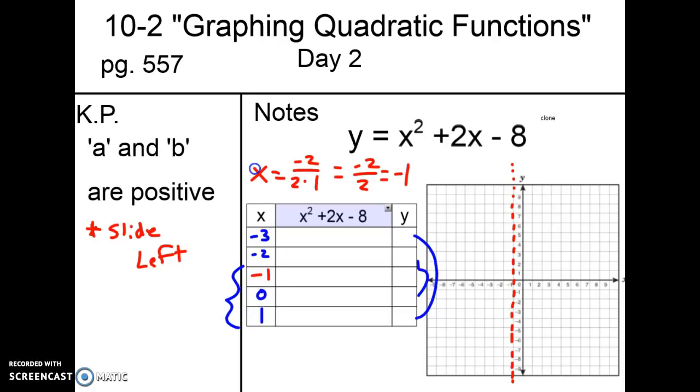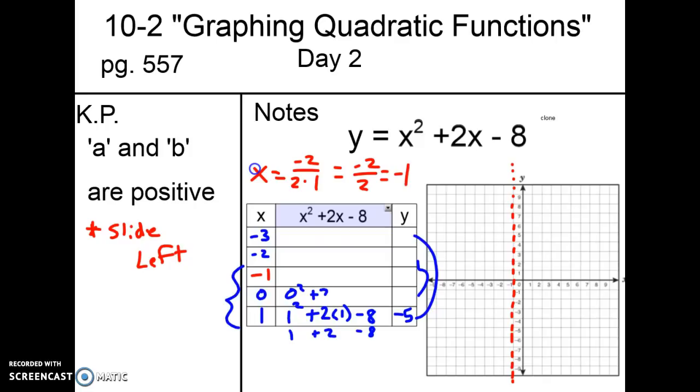So I'm going to save myself some arithmetic and put in the easy numbers. So I have 1 squared plus 2 times 1 minus 8. This would be 1 plus 2 minus 8, and that would give me a -5.